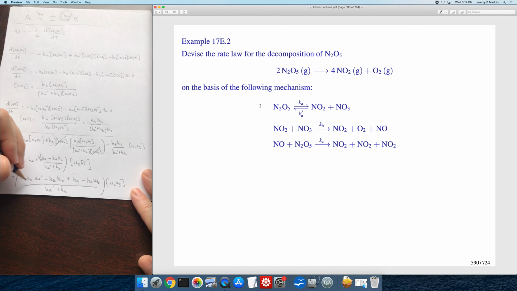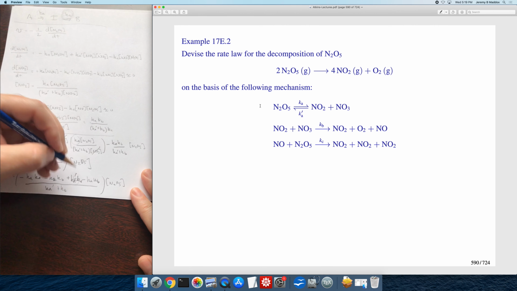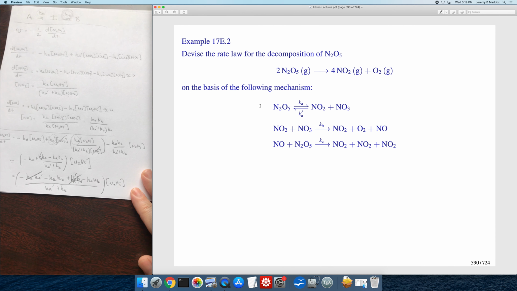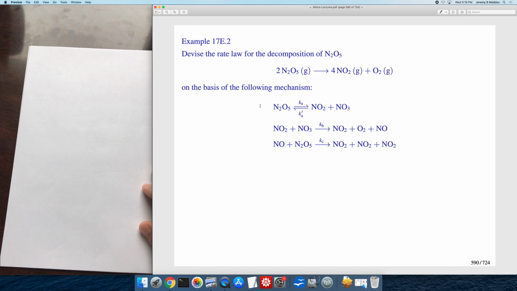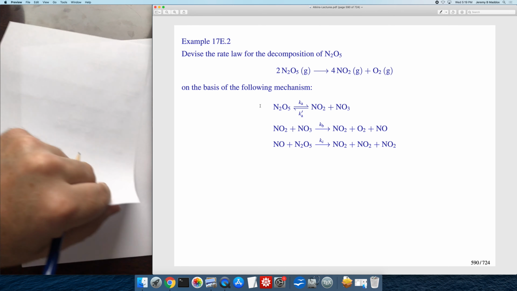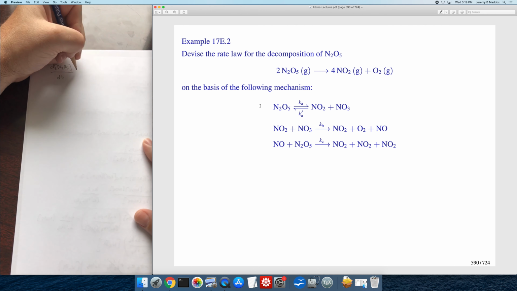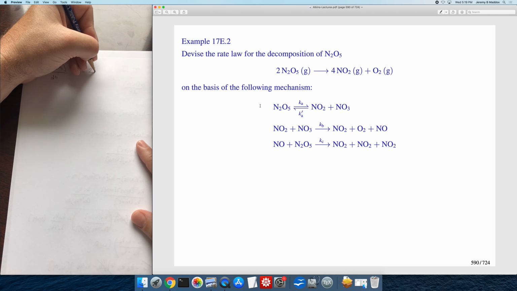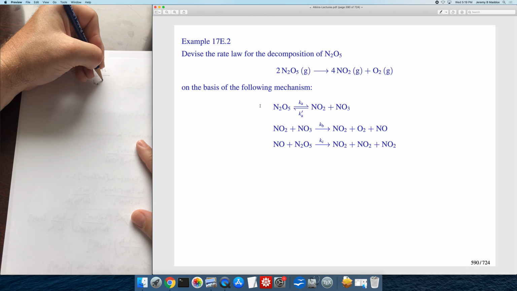So it does cancel out. Ka prime, Ka. So those two terms cancel out. And then what we're left with is minus 2 Ka Kb over Ka prime plus Kb times the N2O5 concentration.